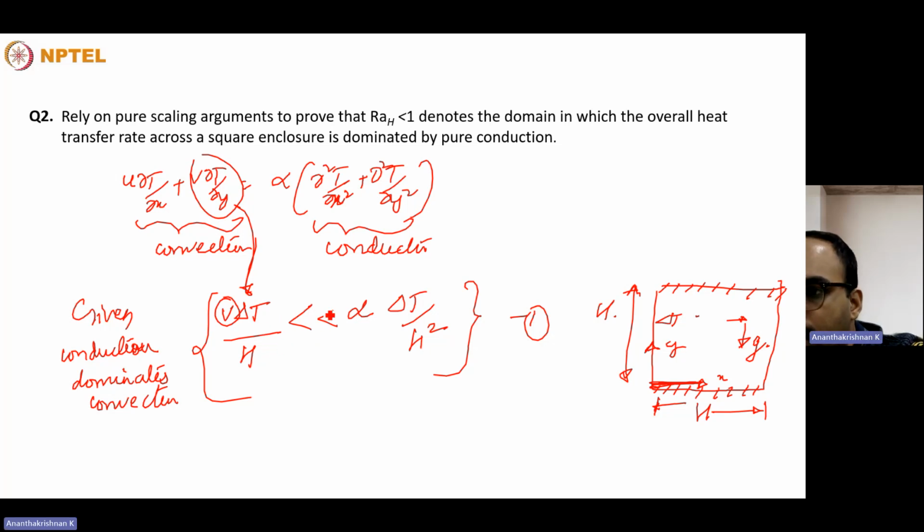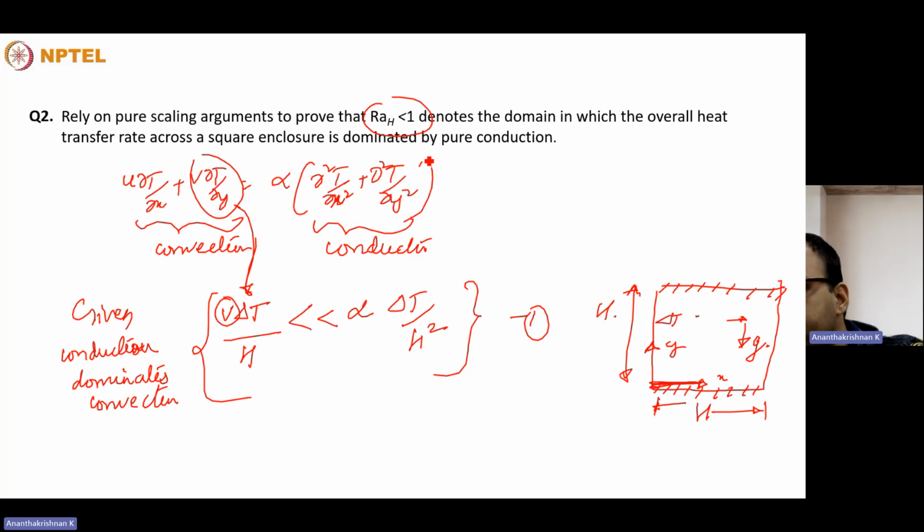Then we can reduce the terms on the left and right hand sides in terms of the Rayleigh number. If we can write v in terms of some other forms, we can actually arrive at this Rayleigh number. Rayleigh number is basically Grashof number times Prandtl number, so it will be g beta delta t h cubed divided by nu alpha.